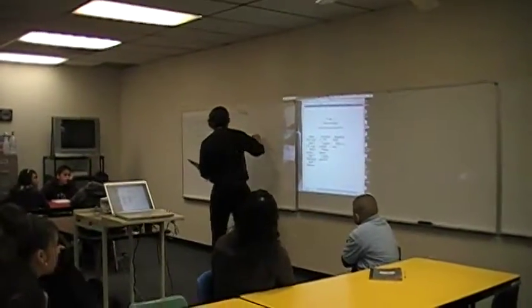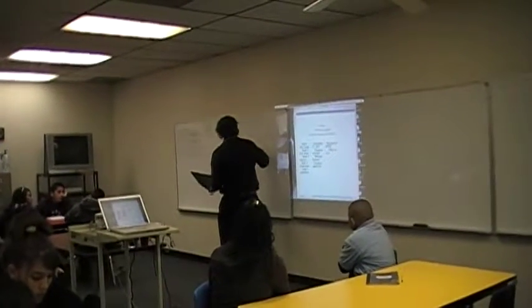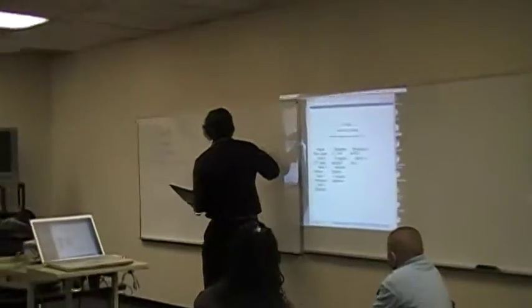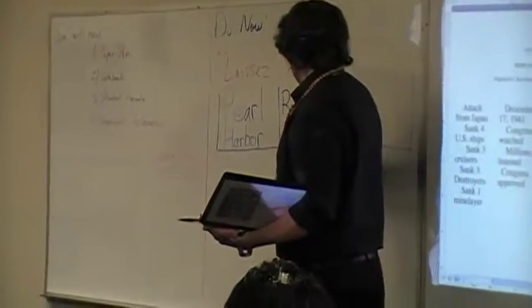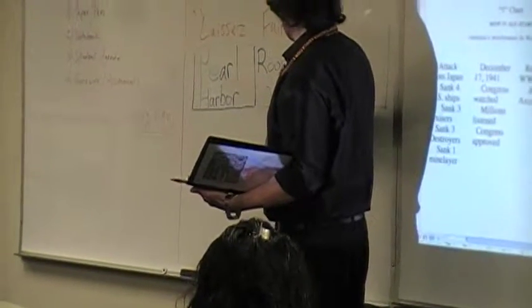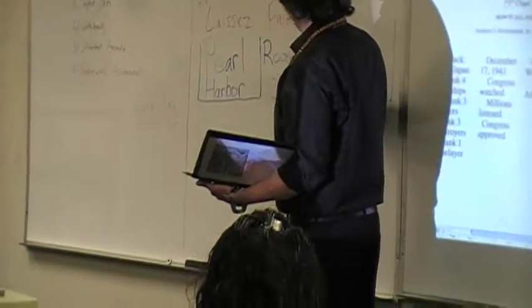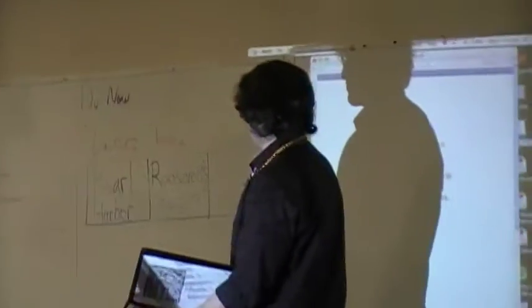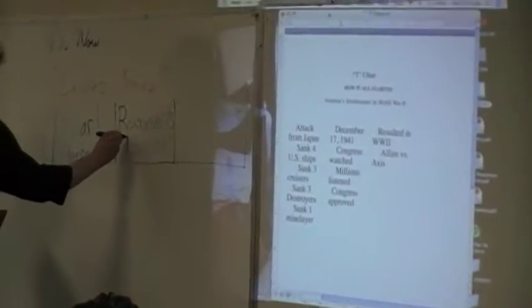It's a capital R, O, O, S, E, V, E, L, T, apostrophe S. And I titled it Roosevelt's Request. And the next one is going to be called America in World War II.